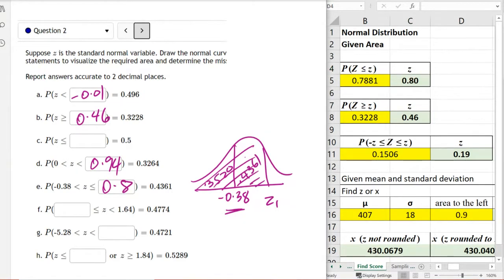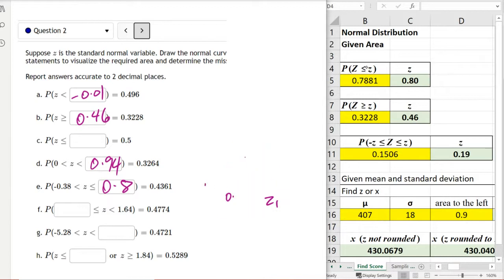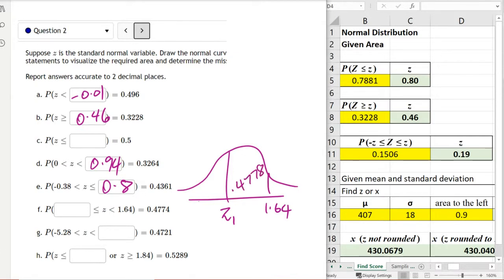Okay, so the same thing applies here. We're going to do something similar in part F. We are going to draw the curve and say we have 1.64 on this side. We have another Z value somewhere. We don't know where that is, somewhere here, Z1. And we know that the area between them is 0.4778. We're looking for this Z1 here.